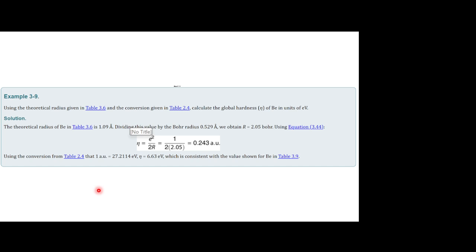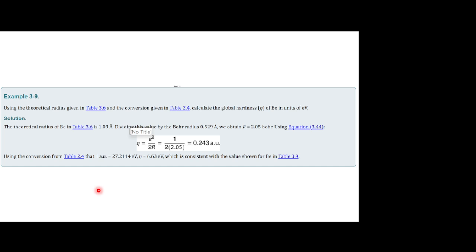If we take that value and divide it by the Bohr radius, which is 0.529 angstroms, we're going to get an R value, capital R, of 2.05 Bohr. That is the same hydrogen radius that we used in those previous calculations. We were talking about hydrogen back in chapter 2, right? Okay. So that's the Bohr radius.